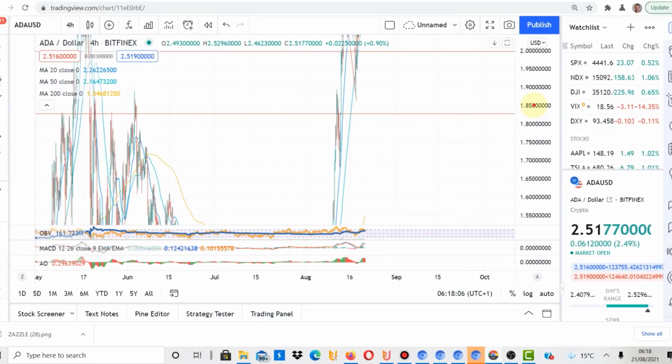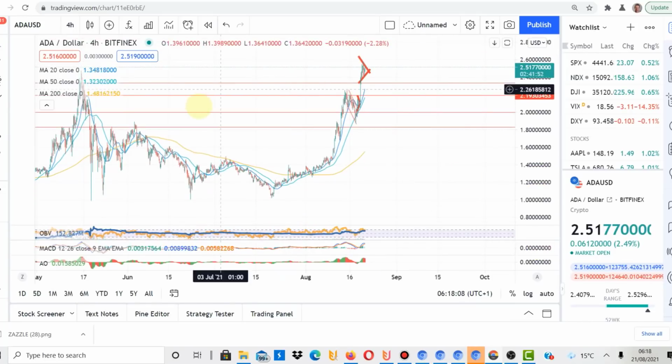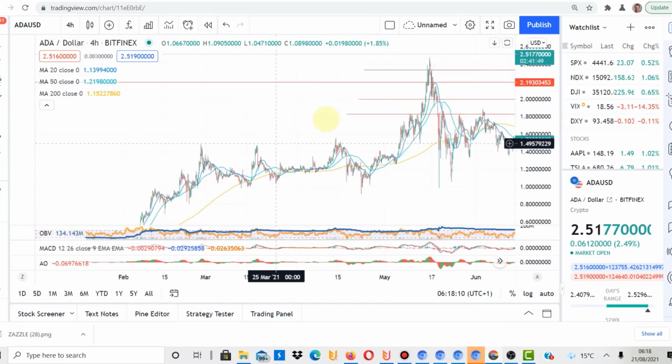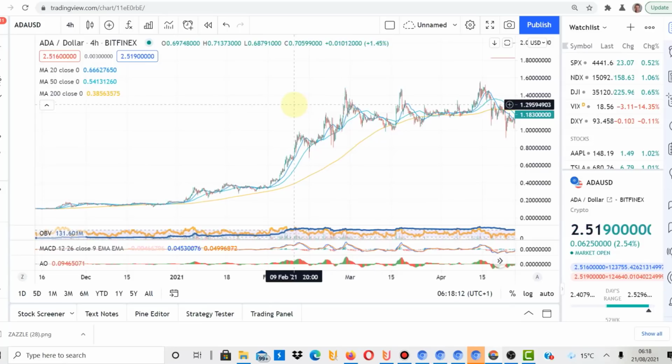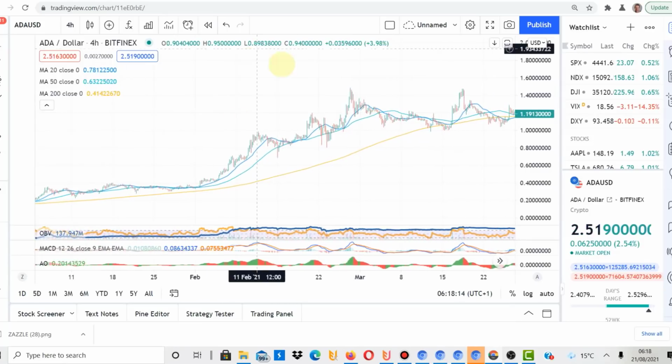These are the moves before the last hard fork, and the last hard fork took place on the 1st of March. And I just want to remind you that we might have seen that first pump here already. Now we might be in the second pump.